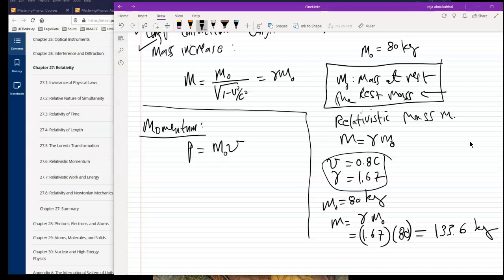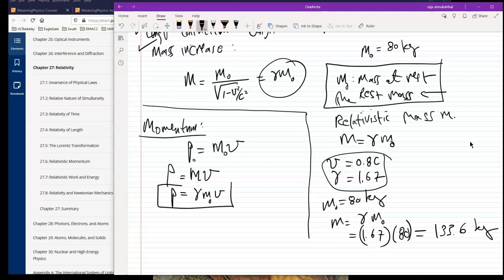So relativistic momentum, without the naught, is really mv, but this m is relativistic mass, and this v is some velocity. So this is going to be gamma m naught v. And that's the relativistic momentum.